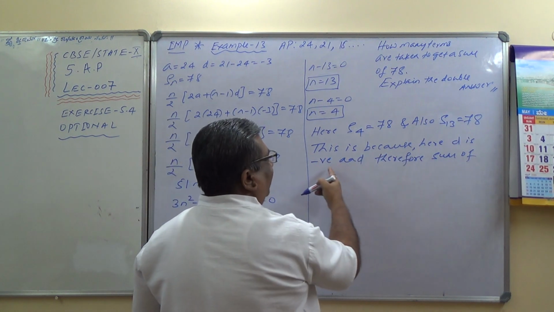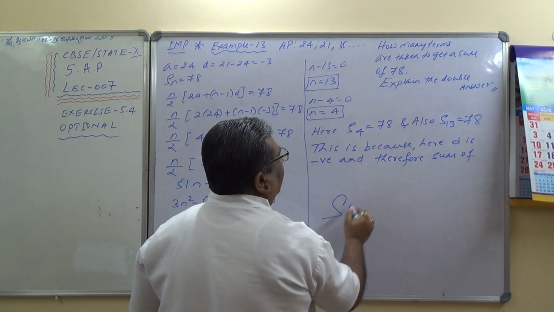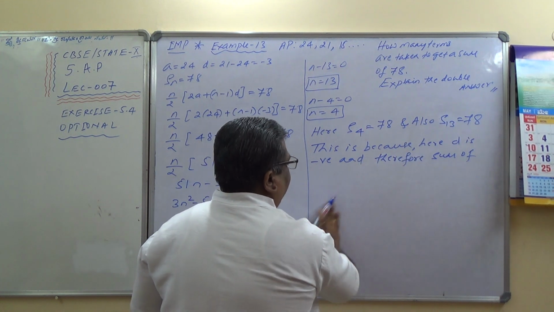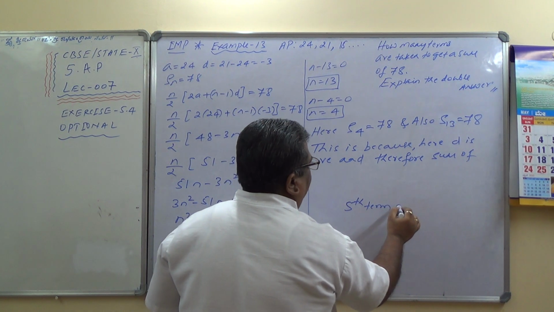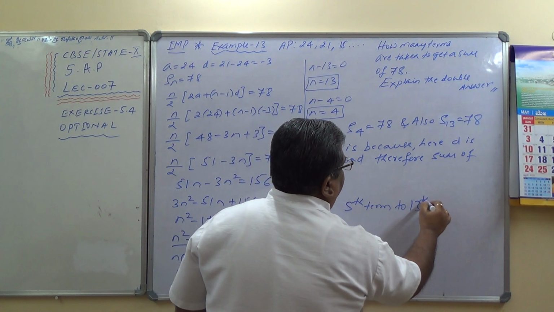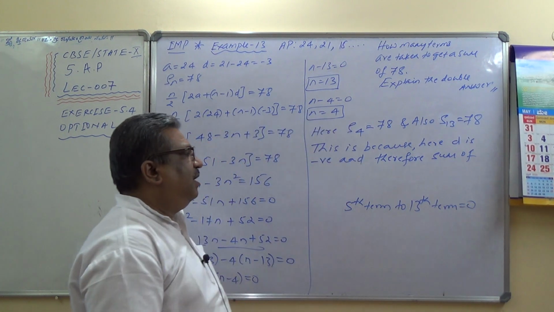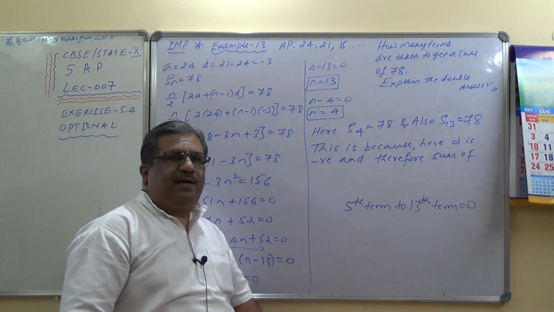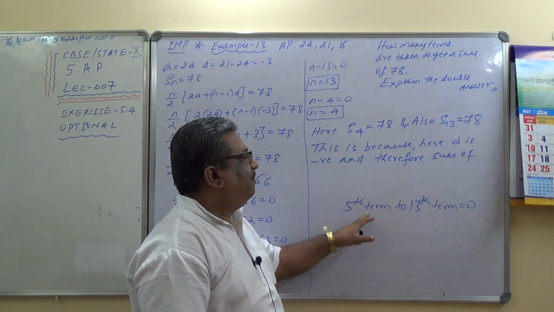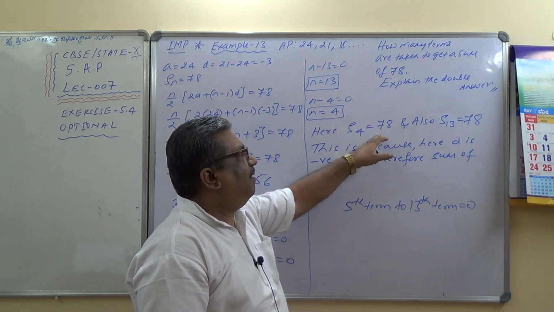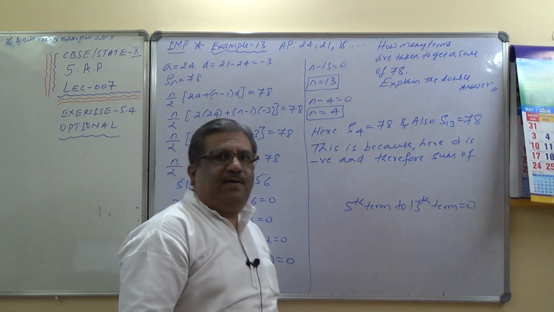As D value is negative, sum from 5th term to 13th term equals 0. Why is it 0? Some of the terms are positive and some of the terms are negative, which will cancel out, and therefore we get sum of 4 terms is 78, sum of 13 terms also 78.